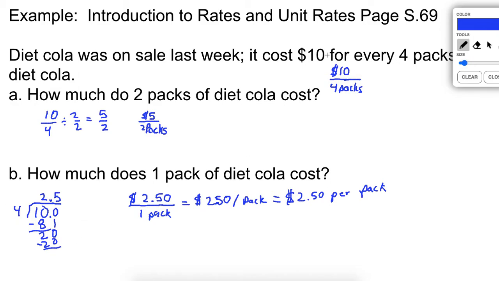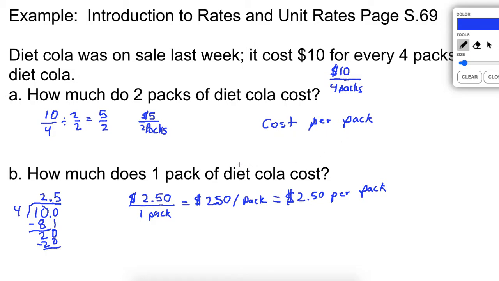So you simply calculate the rate you want, which is dollars per pack. How much does it cost per pack? That's what you think about here: cost per pack. That's another way to say this, where it's asking how much does one pack of Diet Cola cost? That's the cost per pack.